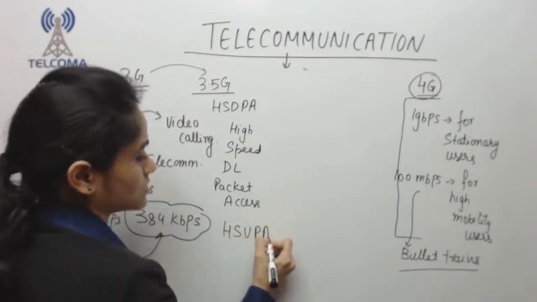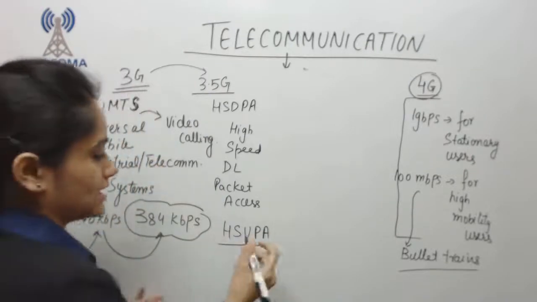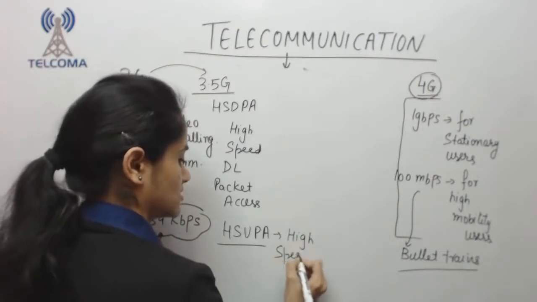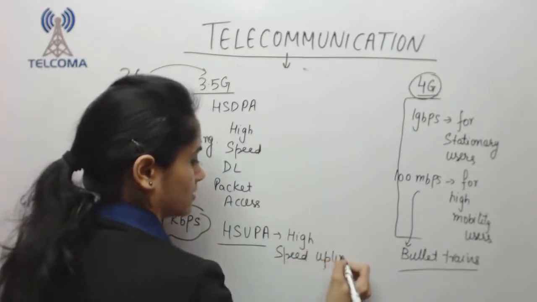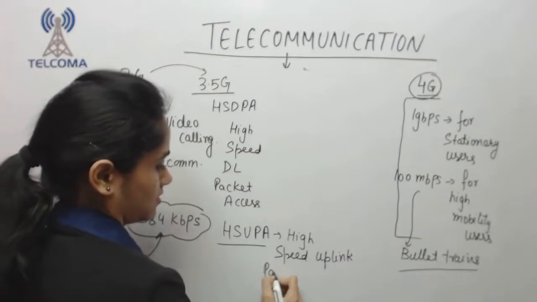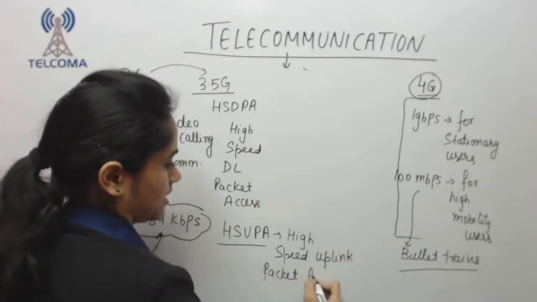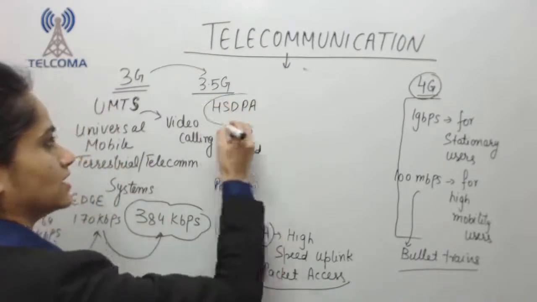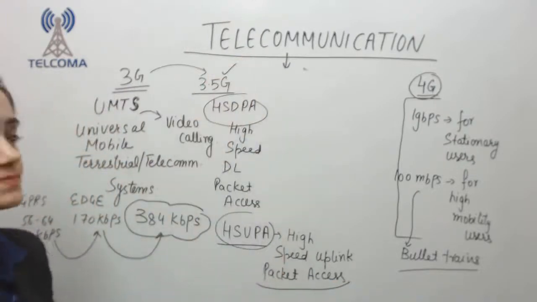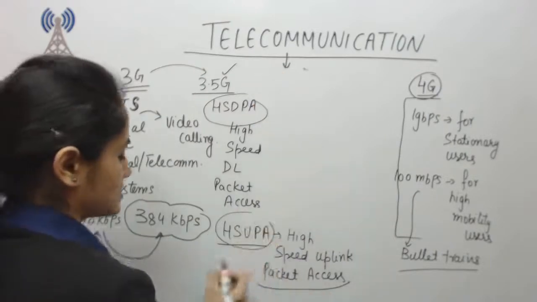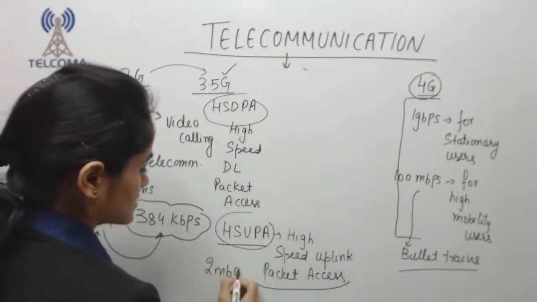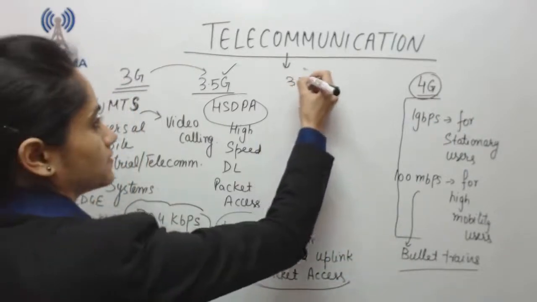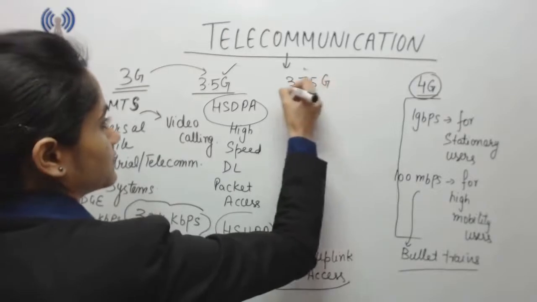So we have HSUPA, High Speed Uplink Packet Access. So HSUPA and HSDPA are under 3.5G. Now this is giving us around 2 Mbps. We have a target of this.